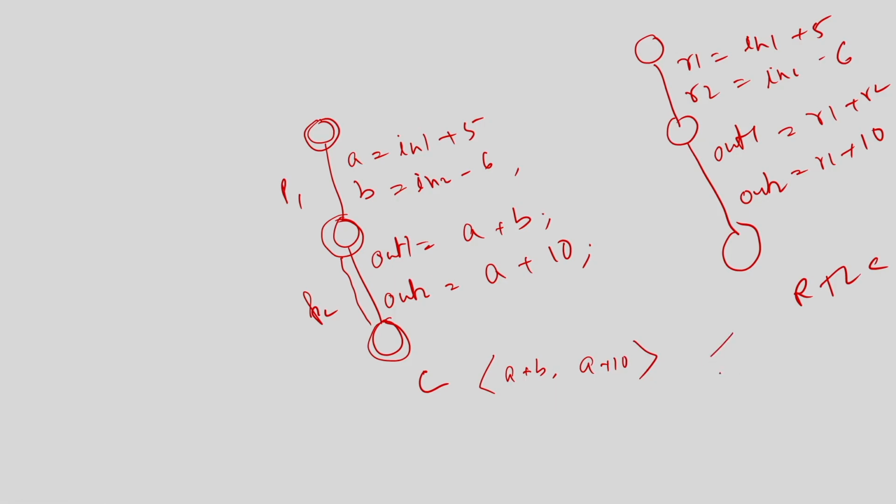And here, it will be R1 plus R2 for out1 and R1 plus 10 for out2. Now, the problem is that once you try to find this path equivalent to this path, you have to compare these expressions. You have to show that the data transformations are equivalent, that means these expressions and these expressions are equivalent, and these expressions and these expressions are equivalent.